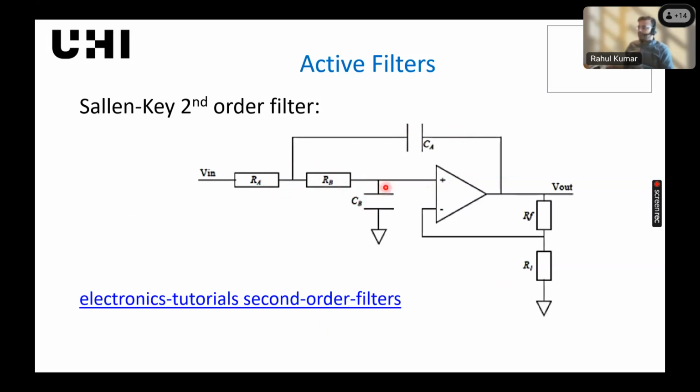So basically, you have two resistances and two capacitances connected at the input, but they are at different positions. So this capacitor is used as the feedback to the non-inverting terminal. Right? So I have this circuit on Multisim. So let's have a look at that.